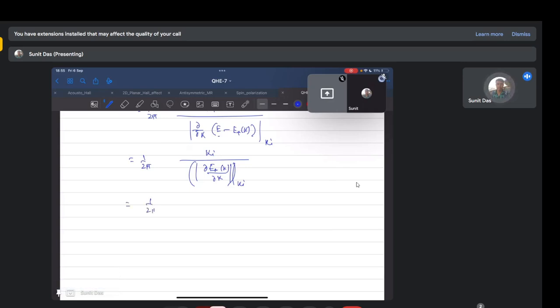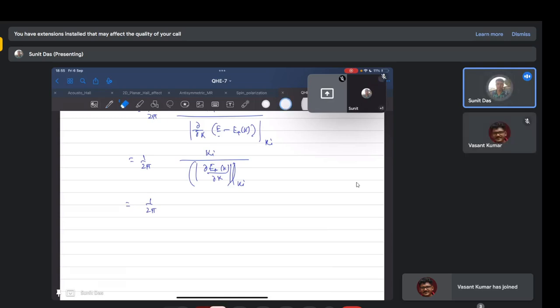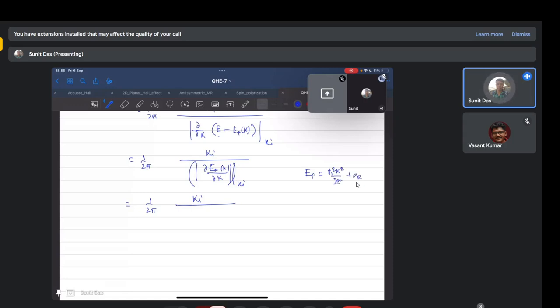So this will simply be 1 by 2 pi, and ki, and since we have E plus equal to h bar square k square by 2m plus alpha r k, the derivative with respect to k will simply be h bar square by 2m times 2k plus alpha r, right? So this will be h bar square by m k plus alpha r evaluated at ki.